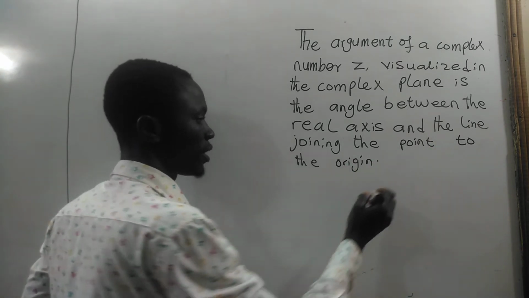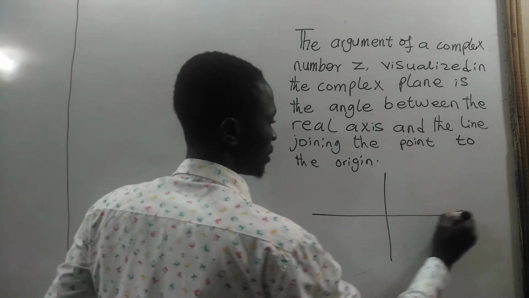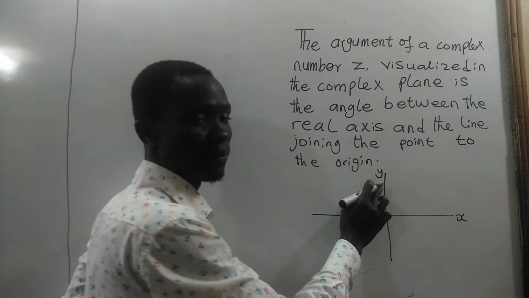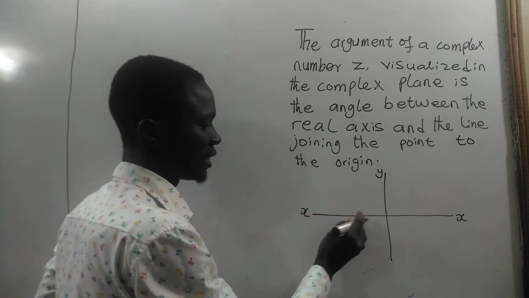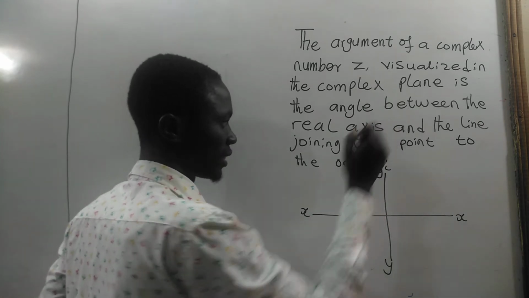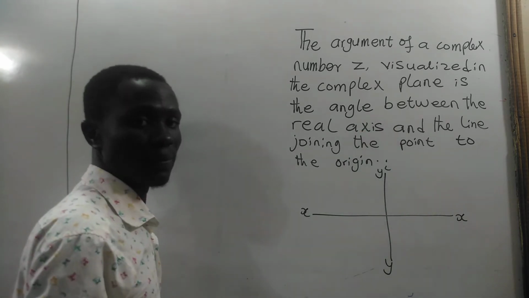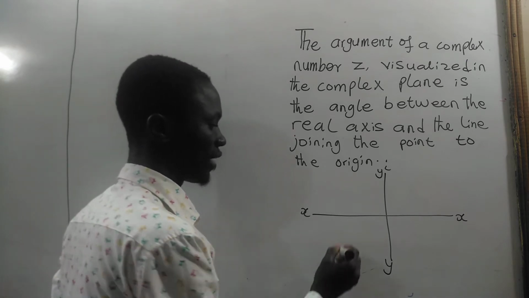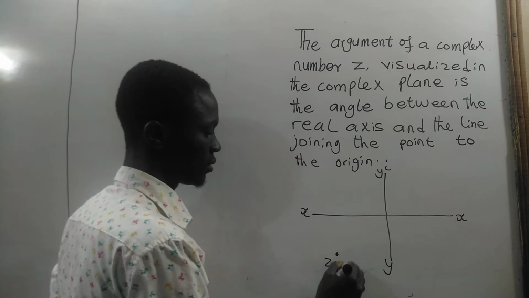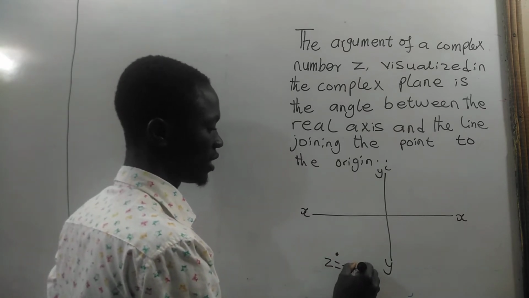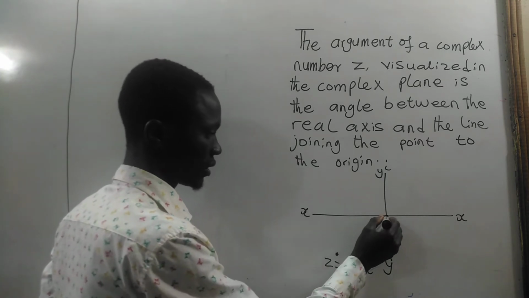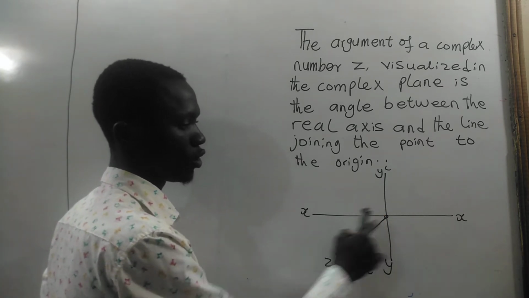So if I draw the complex plane here, this is the positive real axis, this is the positive imaginary axis, this is the negative real axis, and this is the negative imaginary axis. If I visualize a point here, let's say z equal to negative a minus bi, then this is the origin, and this is the line joining the point to the origin.